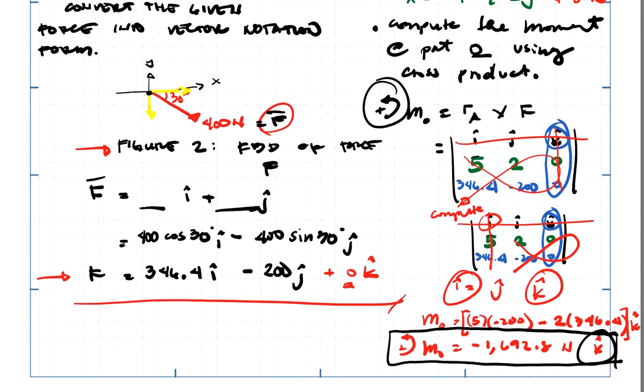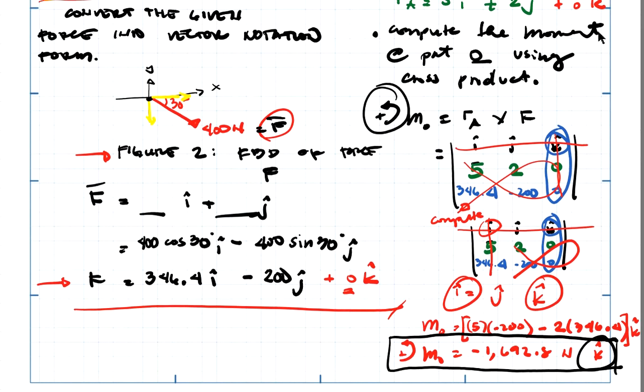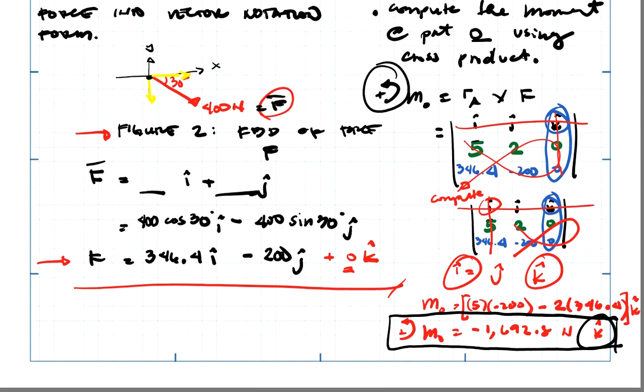Okay, to compute the moment we use the cross product, so we have the position vector RA cross the force F, and we write it in this form and do the matrices. If we have a two-dimensional problem, we can notice that the K component is 0.